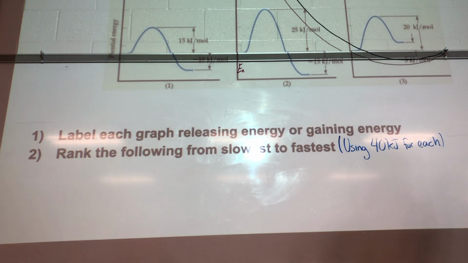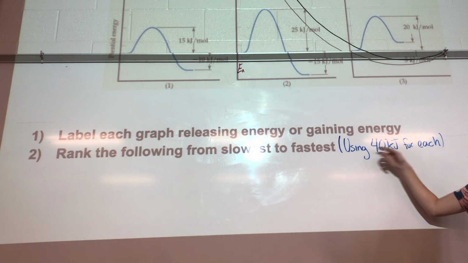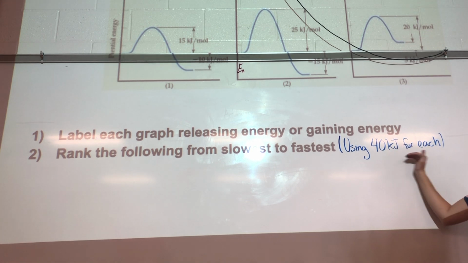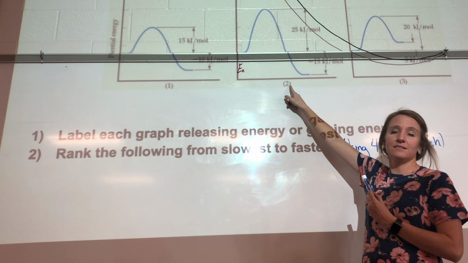Okay, everyone eyes up here, please. So the one that is the slowest, when you gauge speed of reactions, as long as conditions are the same, that's what I wrote this was just to make sure you know conditions are the same. It's all about the activation energy. The higher the activation energy, the slower that reaction is going to be. So 2 is going to be the slowest reaction.